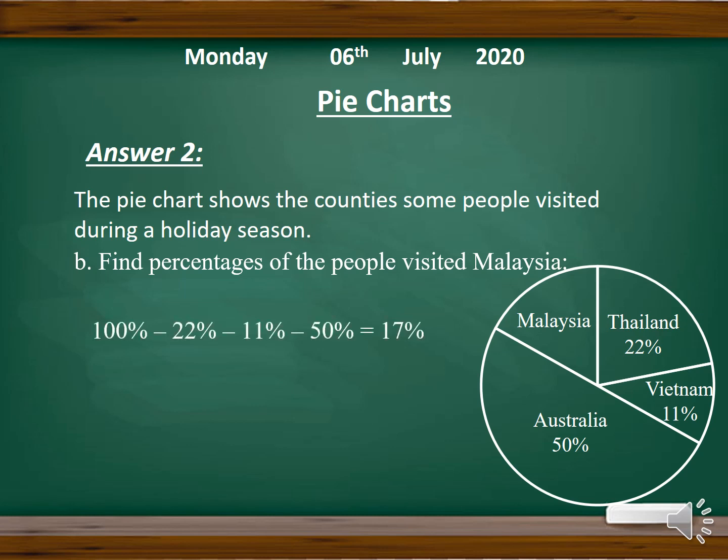So to find the percentage of the people who visited Malaysia, we have to take 100%, which means the whole pie chart, minus 22%, minus 11% and minus 50%. So it is equal to 17%. So we can answer that 17% of the people visited Malaysia.